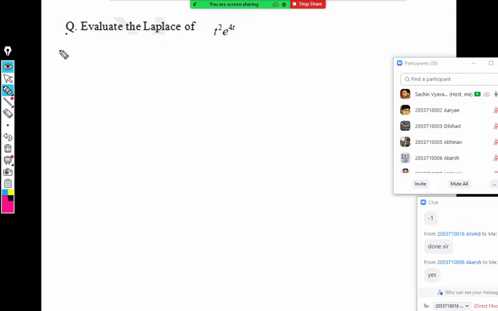multiplication by t property. For the multiplication by t property, we should start with Laplace of e raised to 4t first. What is the Laplace of e raised to 4t? 1 upon s minus 4, sir. Yes, 1 upon s minus 4, correct. So you denote it by F(s).